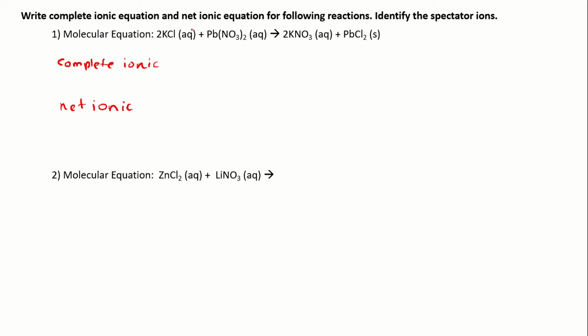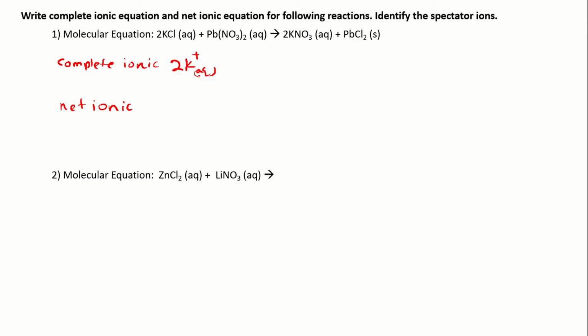Alright, now this equation is already written and balanced for you, and it shows you the physical states or phases of the materials. So if you have an ionic compound as AQ, that means it can completely dissolve and dissociate. So if you have two potassium chloride molecules, you get two potassium ions, and make sure all the ions are dissolved. They are all surrounded by water molecules.